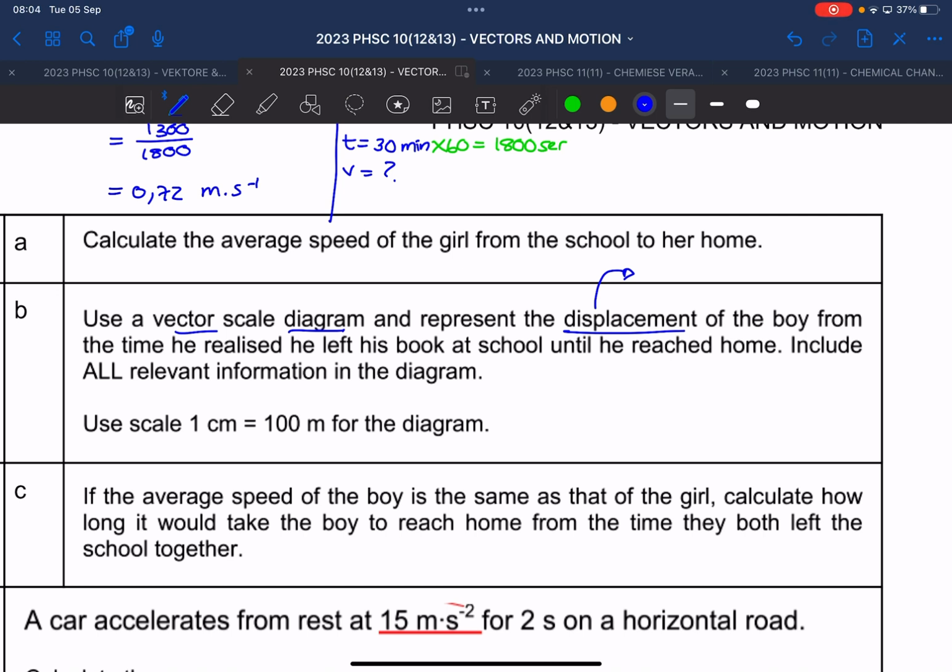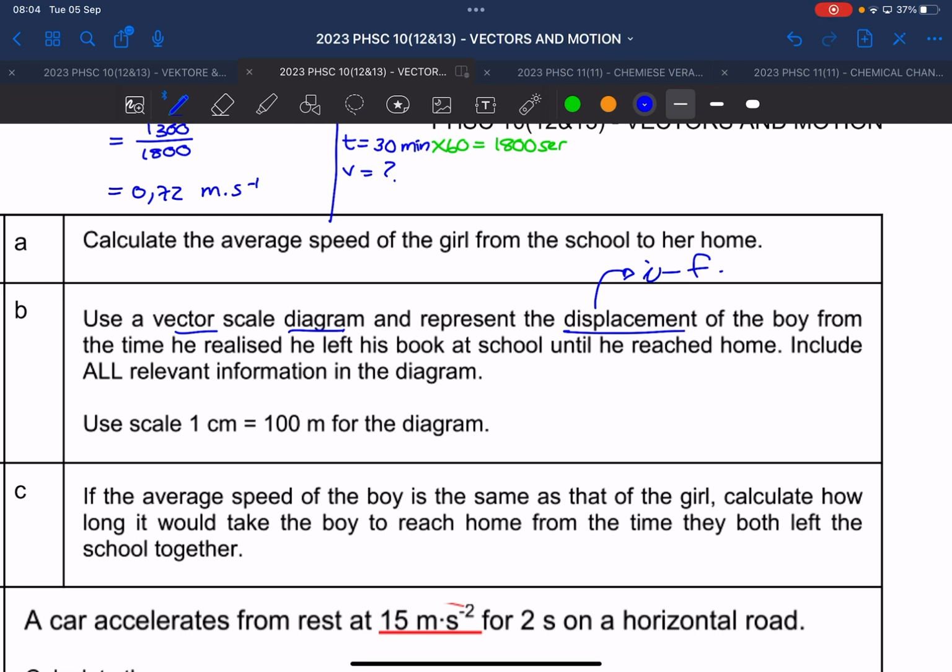After that, for displacement, the direct line between start and finish. Yeah, from start to finish.